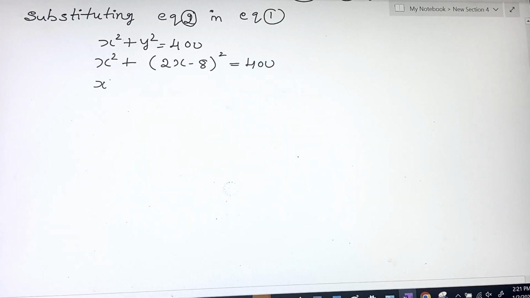x square, write as it is, plus this is an a minus b whole square formula.